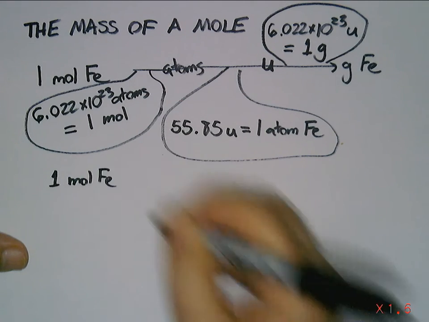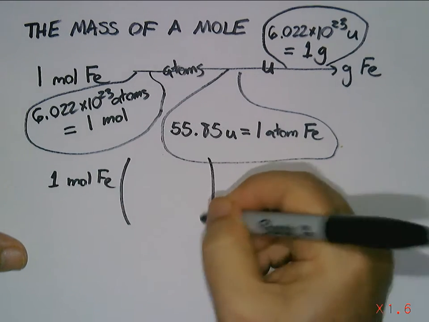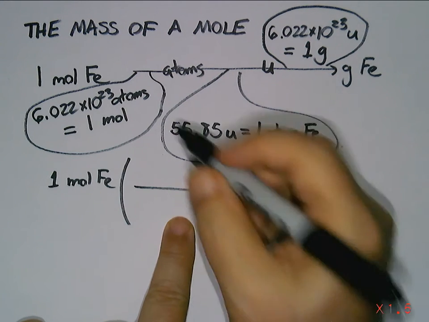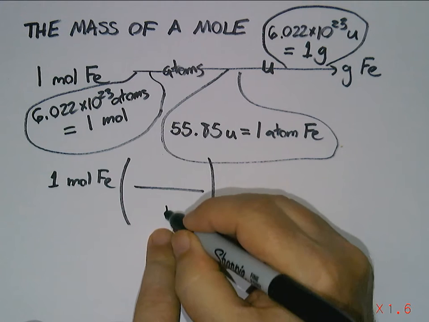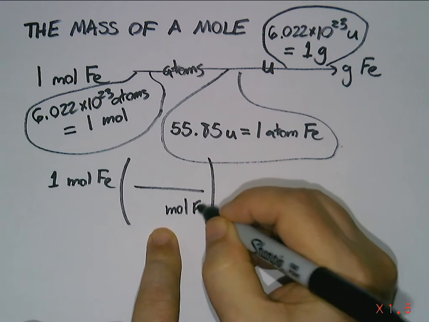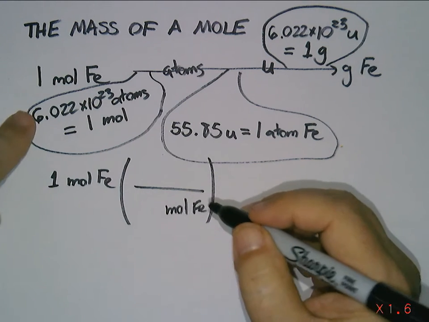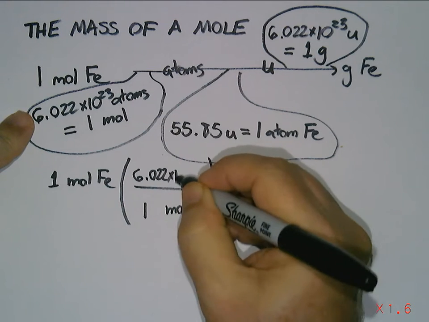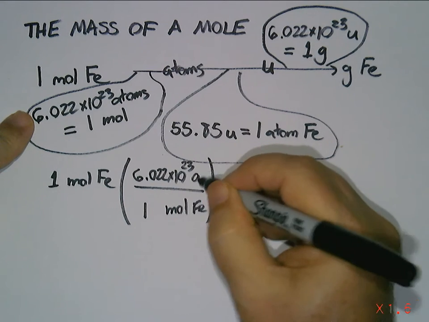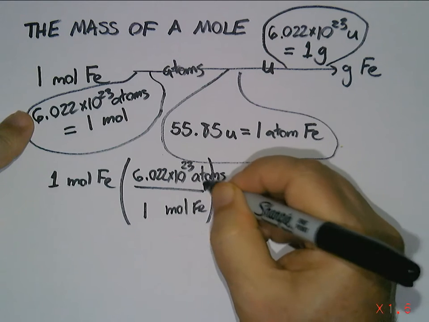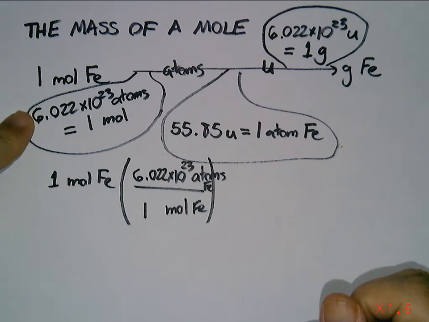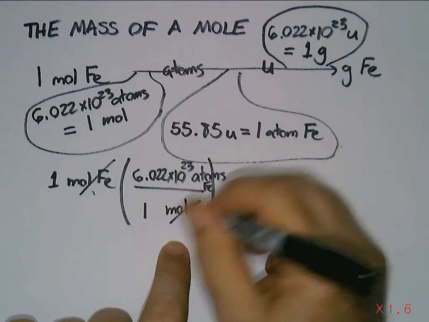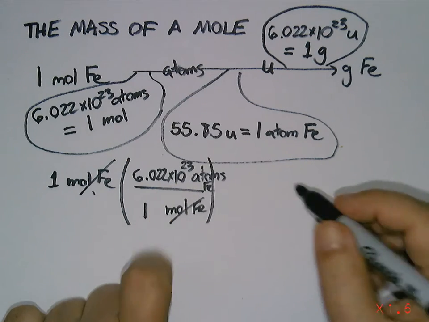Start off with your 1 mole of iron. And now, what has to go down here? Well, I've got to cancel out moles of iron. There's 1 mole of iron for every 6.022 times 10 to the 23rd atoms of iron. Okay? And now, that will get rid of moles of iron. Now I've got atoms.